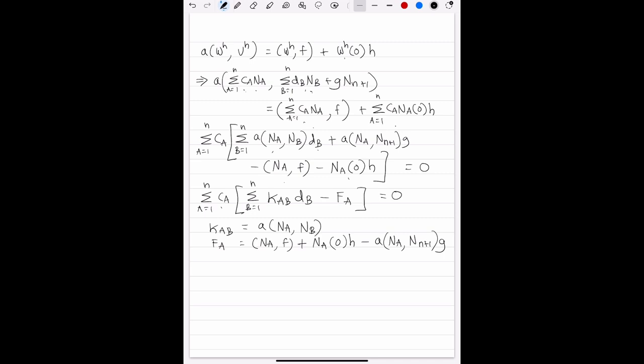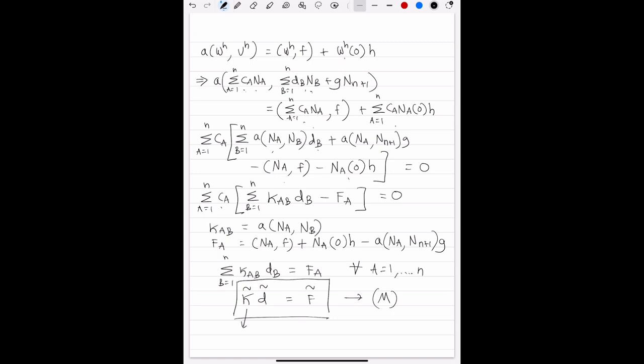So essentially this equation reduces to a set of n equations which can be written as summation b equal to 1 to n Kab dB is equal to Fa for all A equal to 1 all the way up till n, or in matrix form this can be written as the matrix K multiplied by vector D is equal to F. So this right here is our matrix form of the Poisson's equation solved using the finite element method.